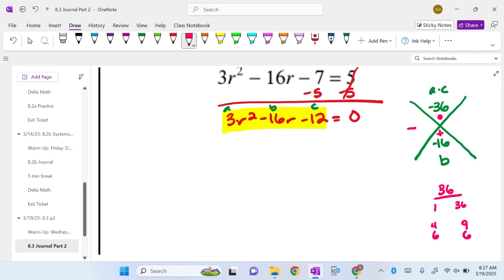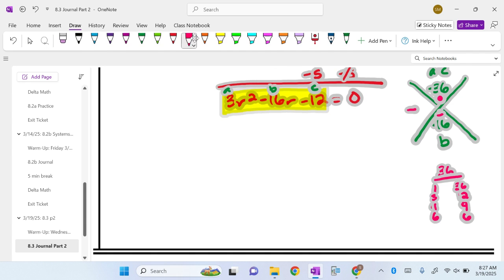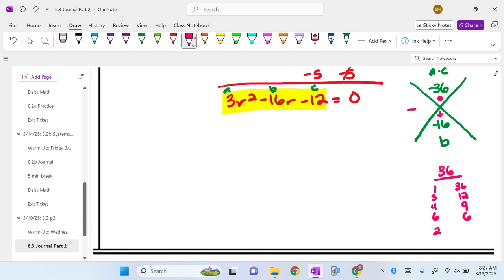What else? 3 and 12. One more. 36 is even, right? Meaning it can automatically be divided by 2. So what's 36 divided by 2? 18.